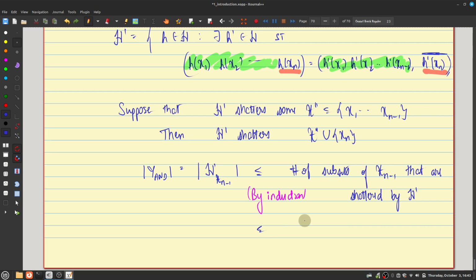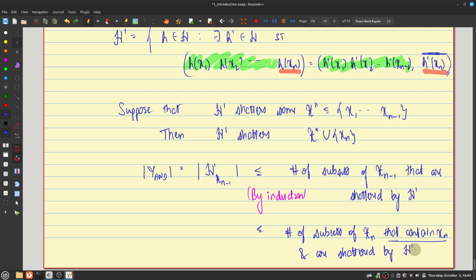Correct? So this is less than or equal to the number of subsets of Xn that contain Xn and are shattered by H prime.